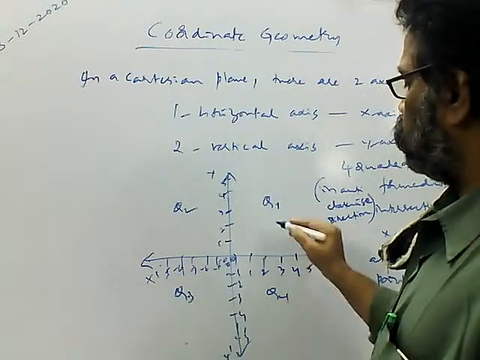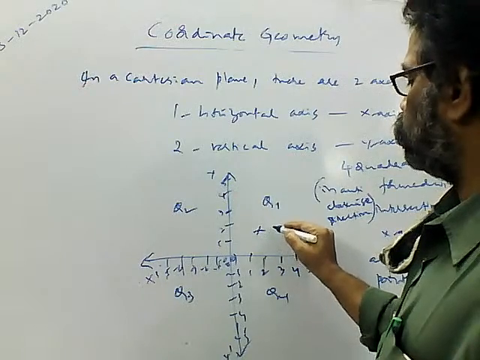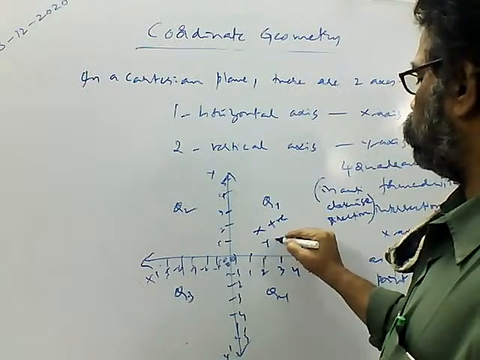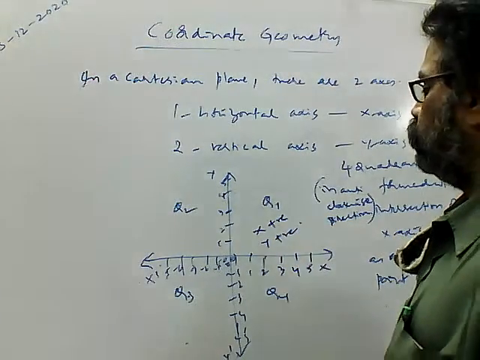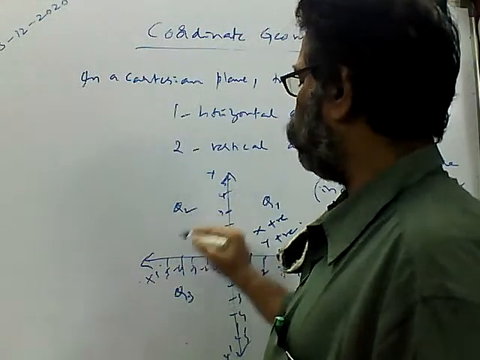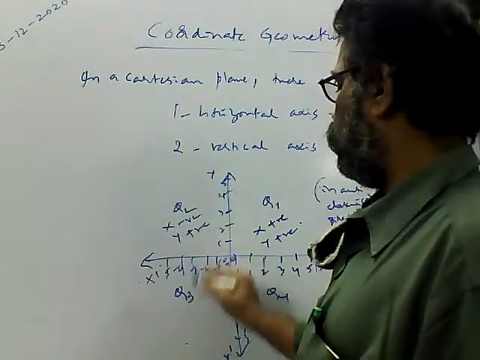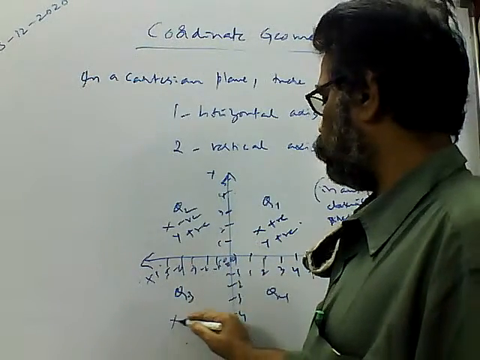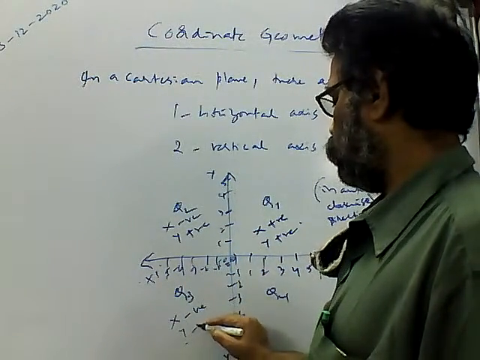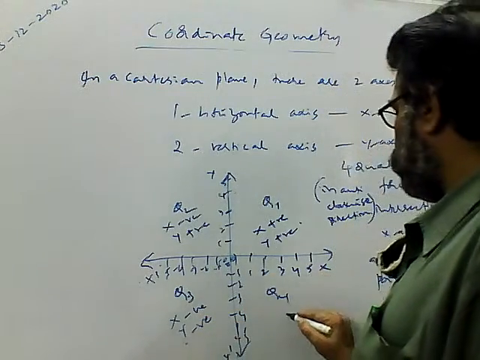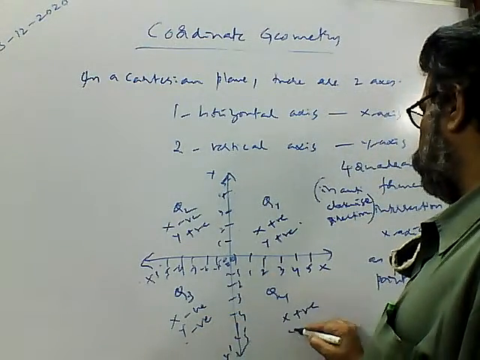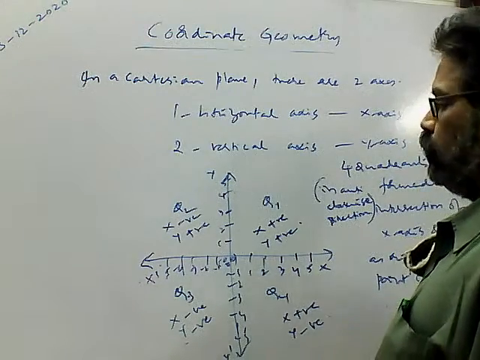In this case x is positive and y is positive. Here x is negative and y is positive. And in this x is negative and y is also negative. And in this x is positive and y is negative.